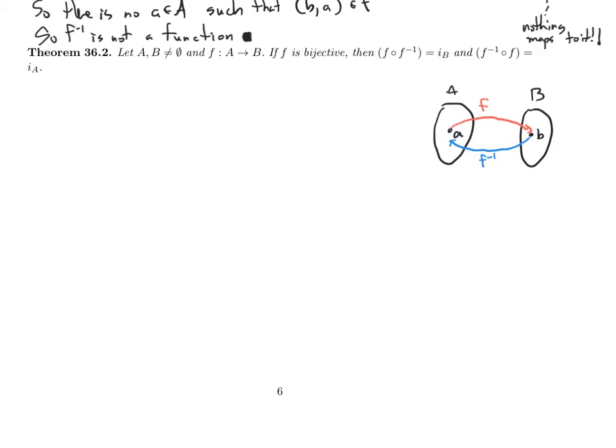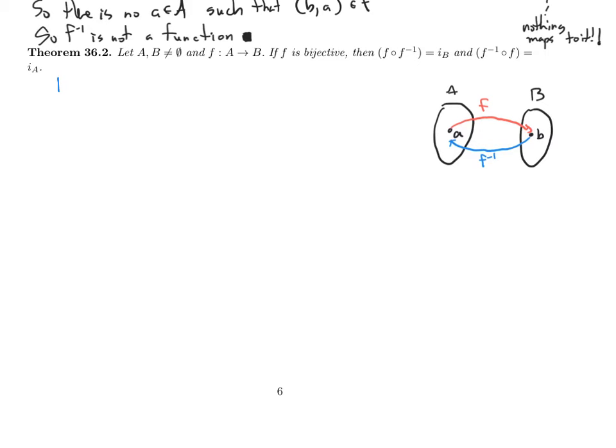So if you start at a, you apply f to get to b, and then apply f inverse, you get straight back to a. So that does nothing. Or you could start at b, apply the inverse, and then apply the function, and you get back to b. So that also does nothing. The first, where you apply f and then f inverse, is like the identity on A. And the one where you start at b, apply f inverse, and then apply f, acts like the identity on B. So that's what we're going to show.